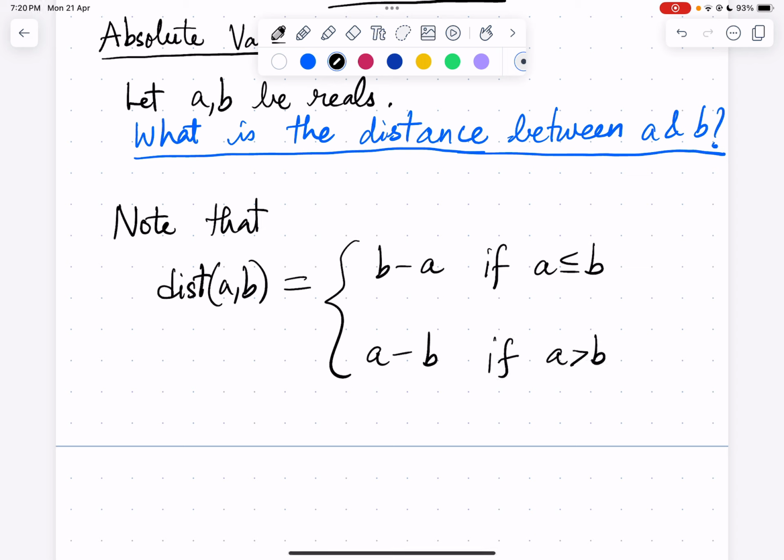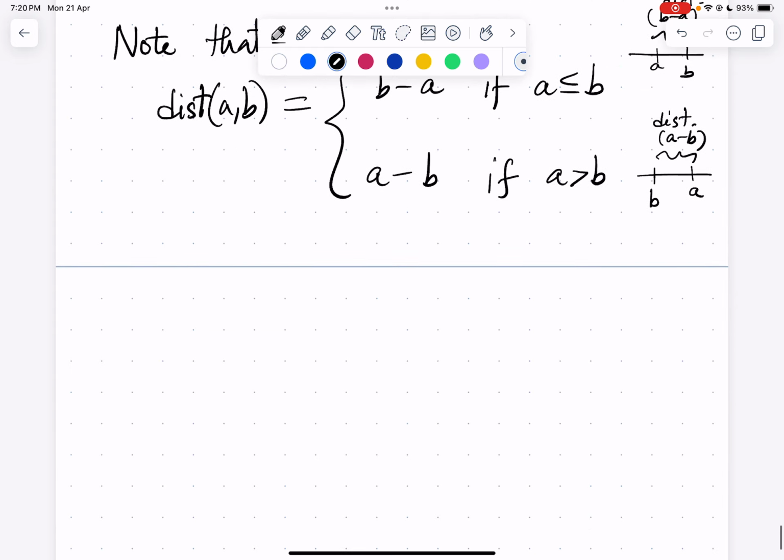If A is less than or equal to B, then B minus A is the distance. And if A is greater than B, then A minus B is the distance. The same thing we can write as follows.